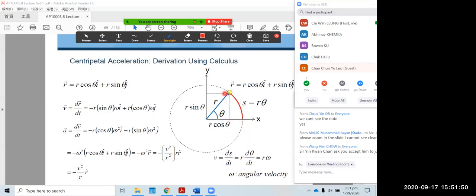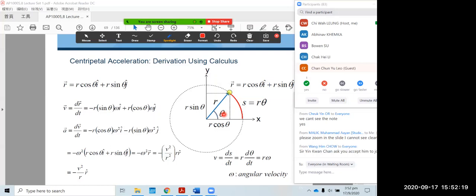The geometry is seen here. The particle is at a distance r from the center of the path. So we put the origin at the center of the circular path, and the object is always at a distance r from the center. So we have the x and y axes. The angle that is swept through by the object from the x-axis is theta.